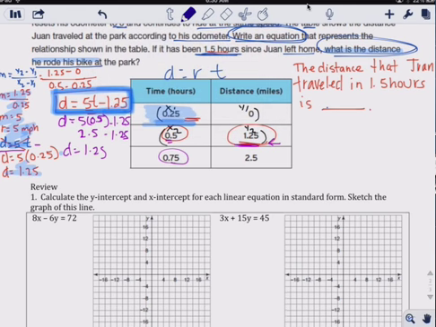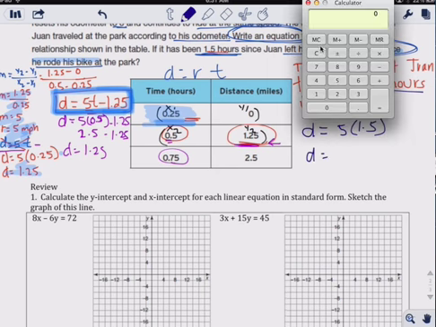Alright, so 1.5 hours. We got the total distance. Time is this. We want the distance. So d equals 5 times 1.5. D then is equal to, okay, I'm going to double check on my calculator. I know the answer now, but we're going to double check.